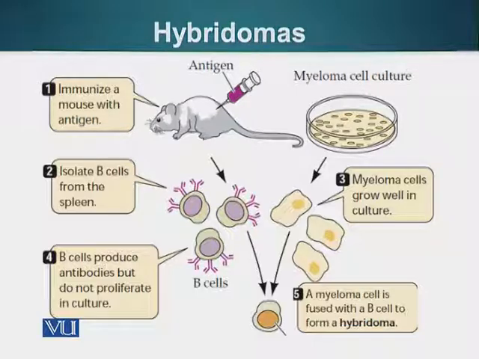Cancerous cells, as we know, have the ability to divide and divide. They're immortal cells, and therefore when the B cells fuse with the cancer cell, they also become immortal. They continue dividing and producing antibodies.